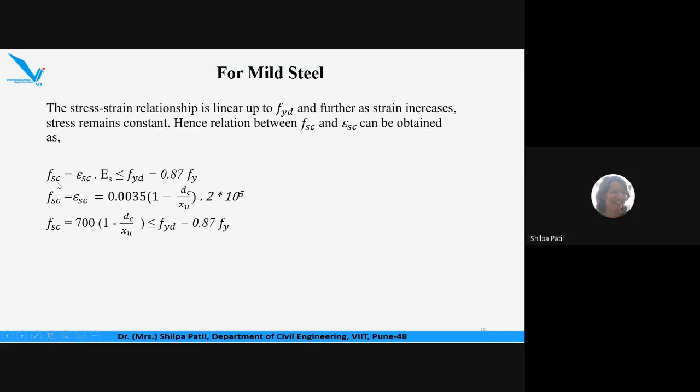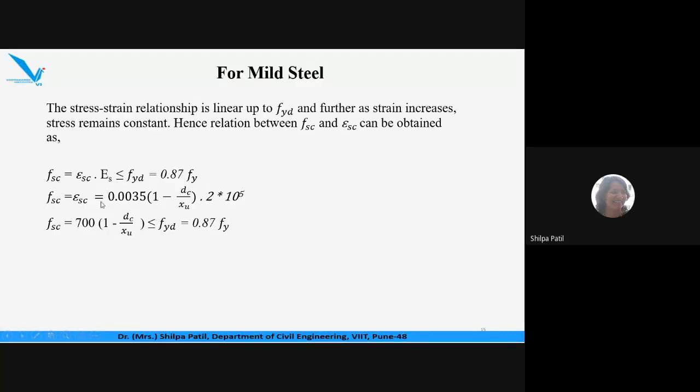The same which I explained just one minute earlier: stress upon strain is equal to constant. So stress fsc is equal to epsilon sc into Es. Es is the modulus of elasticity for steel, which is taken as 2 into 10 raised to 5. Now this entire fsc value is limited to the maximum yield strength value, which is given as 0.87 fy.